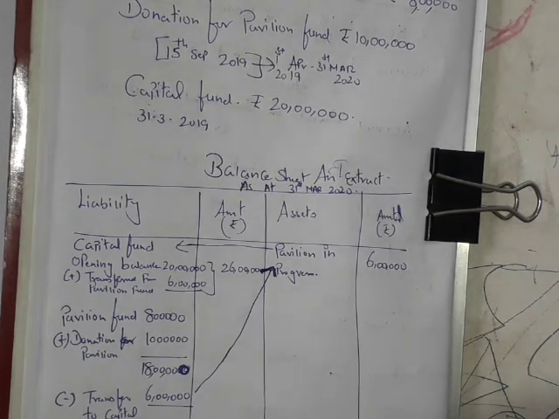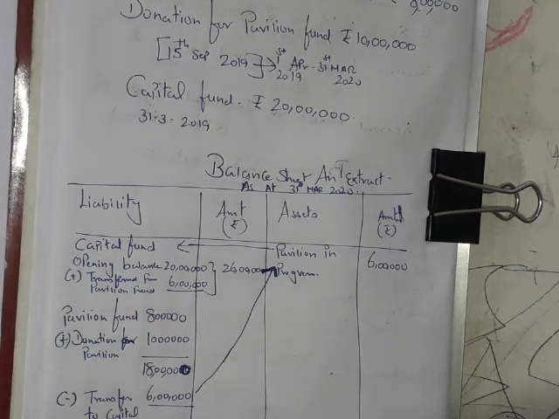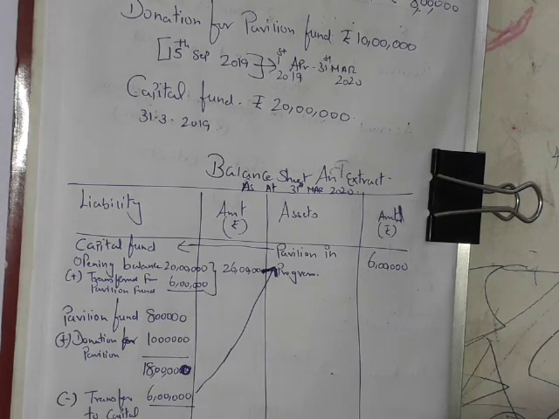Clear? Right. Now students, you have to complete illustration numbers 6, 7 and 8 as homework. Along with this, I will be marking you the problems from your textbook, the exercise questions that belong to the concept of fund-based accounting.